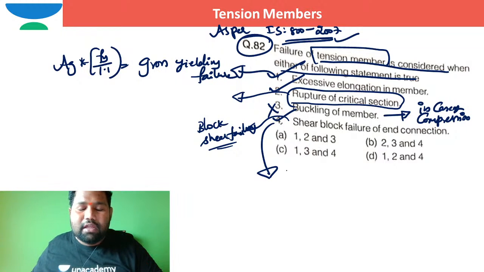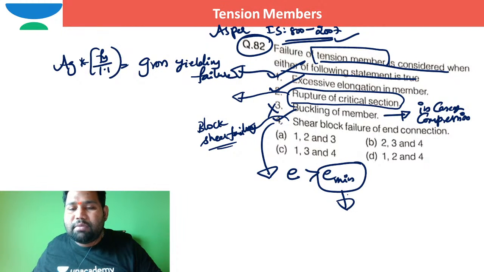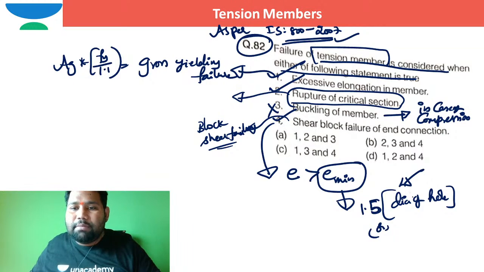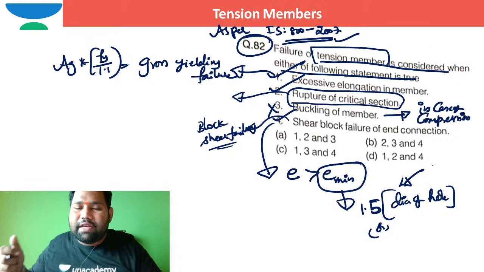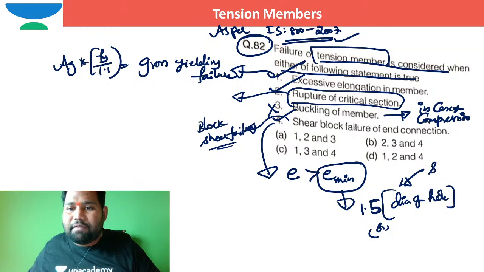The block shear failure can be prevented when the edge distance provided is more than the minimum edge distance. Some people will also ask us about the minimum edge distance. It is 1.5 times the diameter of the hole when bolting or riveting is done with the help of sharp bolting or sharp riveting.